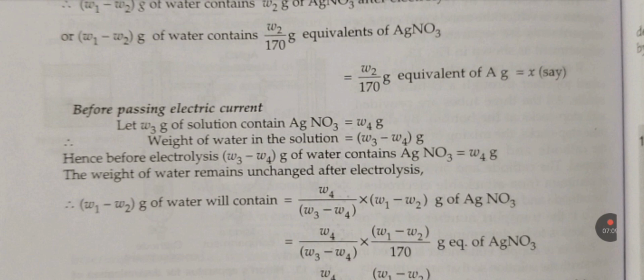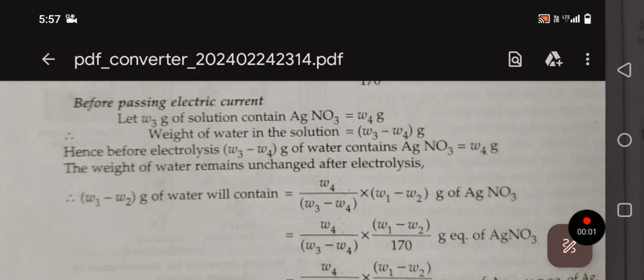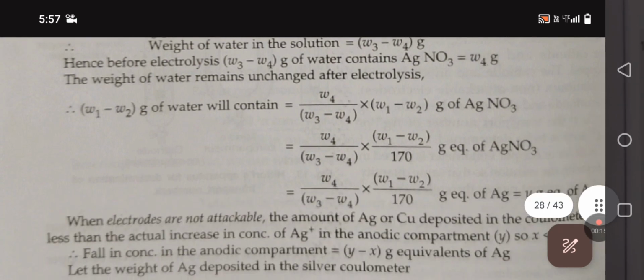Say, before passing electric current, let W3 gram of solution contain AgNO3 equal to W4 gram. Weight of water in solution equals W3 minus W4 gram. Hence, before electrolysis, W3 minus W4 gram of water contains AgNO3 equal to W4 gram. The weight of water remains unchanged after electrolysis.